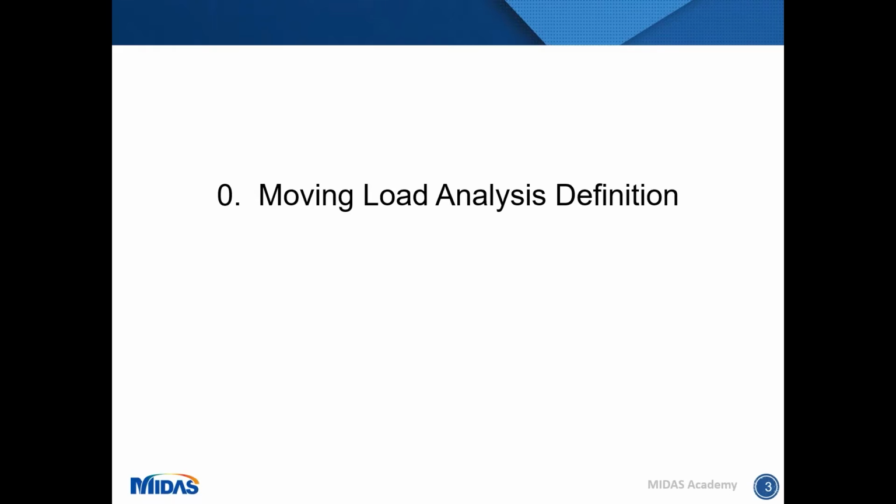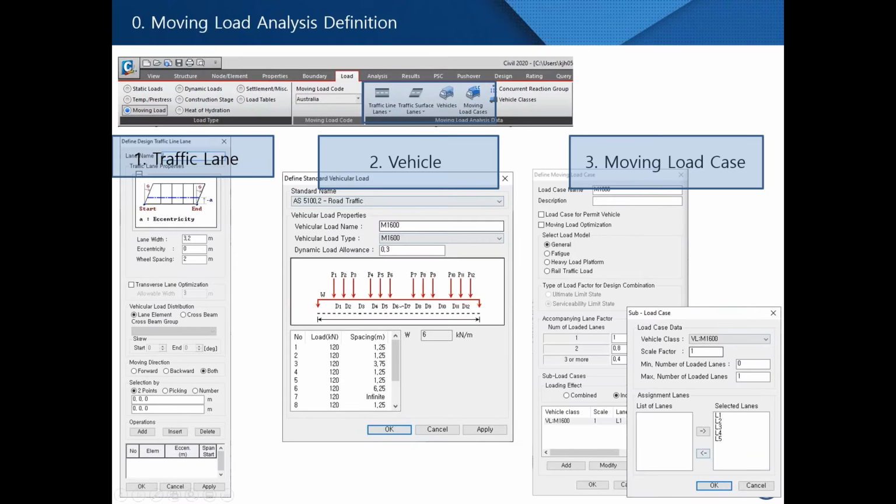Firstly, this is the menu in MIDAS. If you go to the Load menu and select Moving Load type, then you can find this menu. We have three steps here.